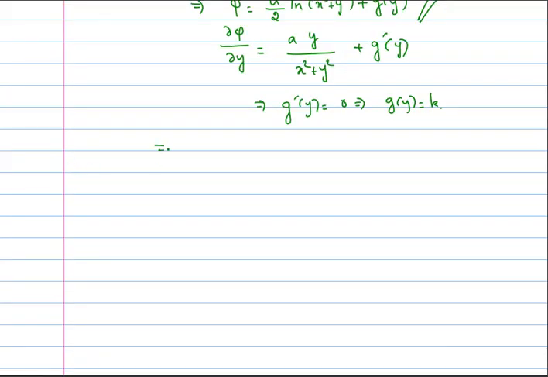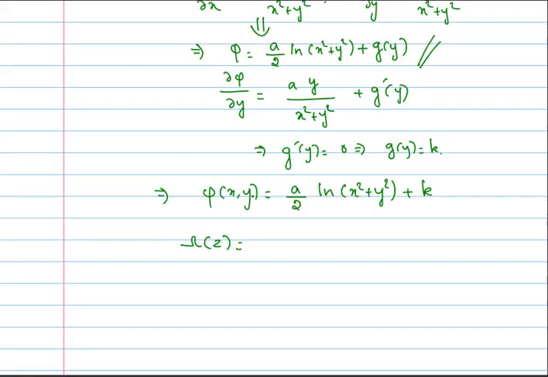So phi of x comma y equals a divided by 2 natural logarithm of x square plus y square plus some constant.